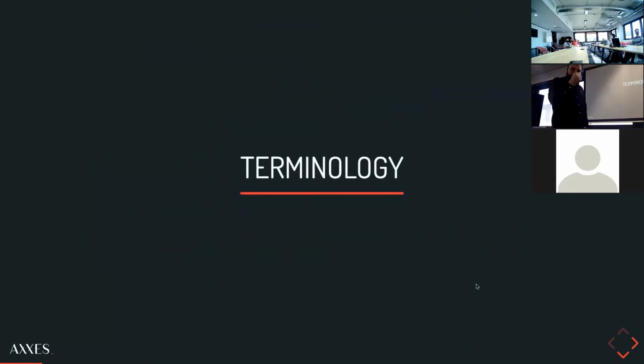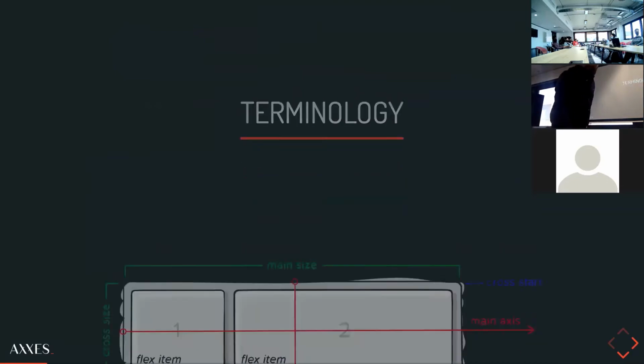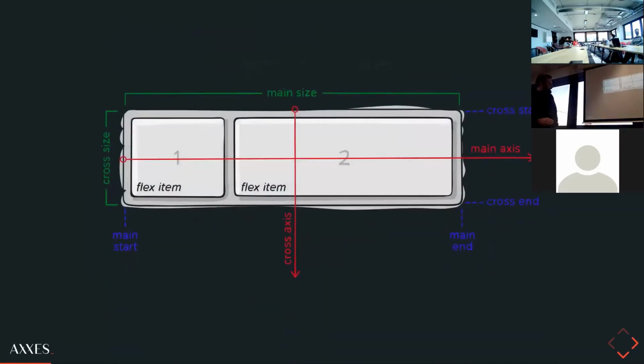A bit of terminology before I give a demo of all the capabilities. Is it clear? I don't entirely think. Can you read? And also the blue? Actually, the most important ones are the red ones. You have the main axis and the cross axis.